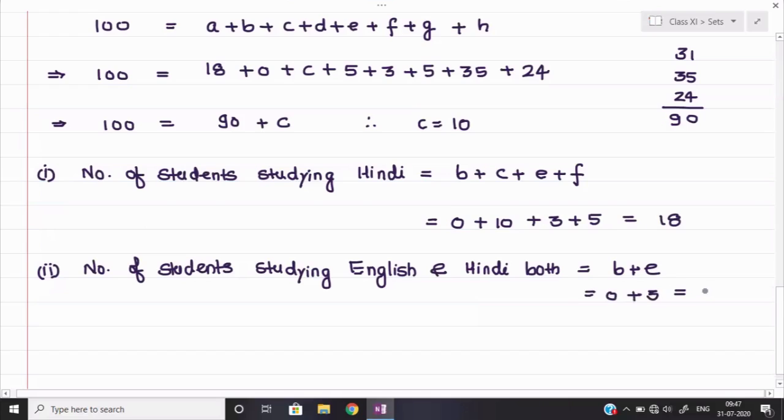So that will be equal to 3. This is your second answer and this will be your first answer.